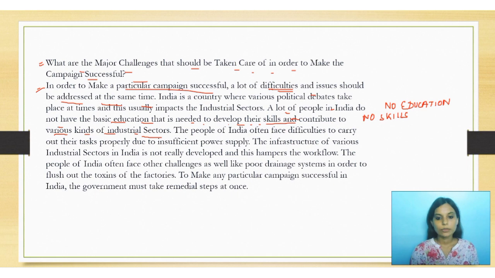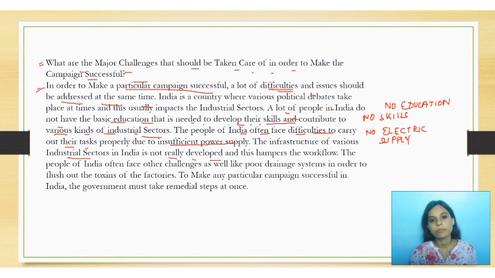You can talk about the people of India who often face difficulties carrying out their tasks properly due to insufficient power supply, no proper electric supply. All these issues need to be talked about if you're choosing an essay on a scheme. Infrastructure of the industrial sectors is not really developed.